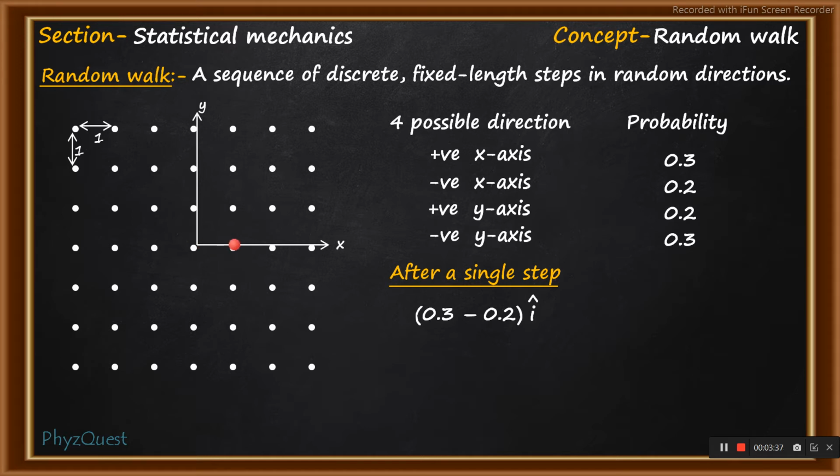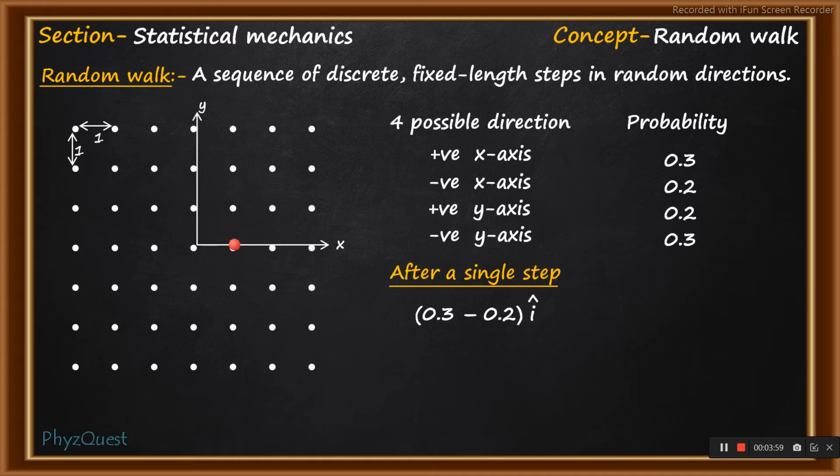Now this is not a complete single step. A single step means we have to consider all the directions. We have just talked about the x direction. Now the probability along positive y direction is 0.2 and negative y direction is 0.3. So the overall probability along the y axis is negative.